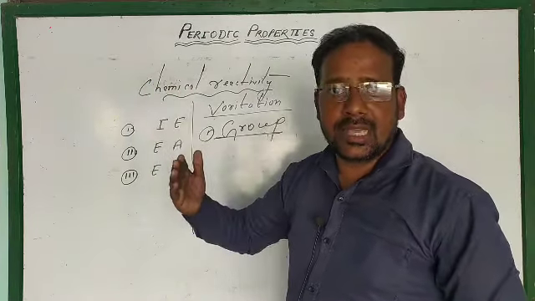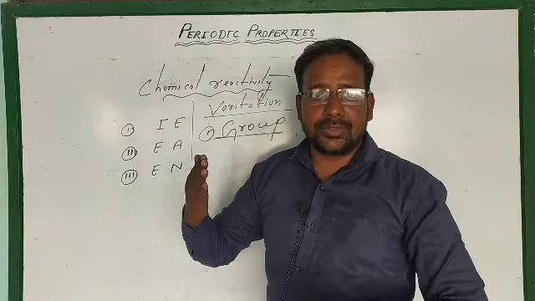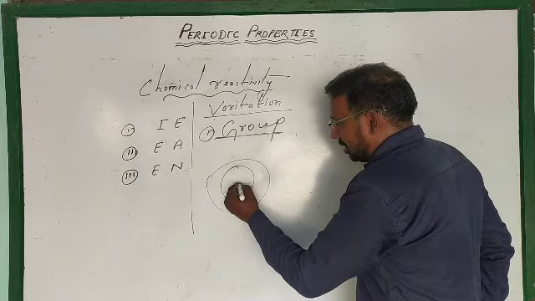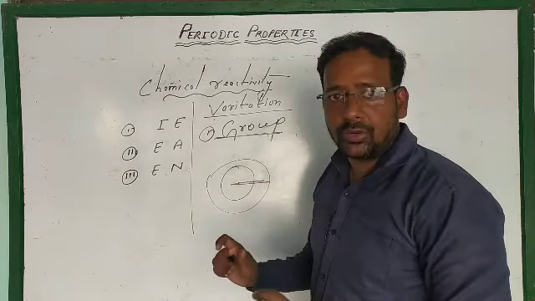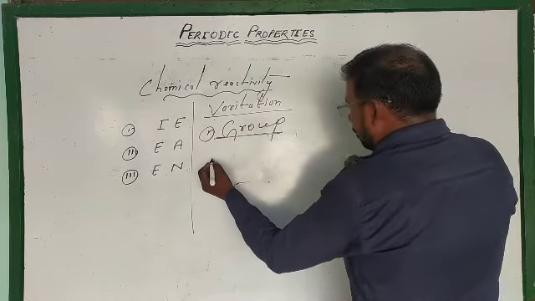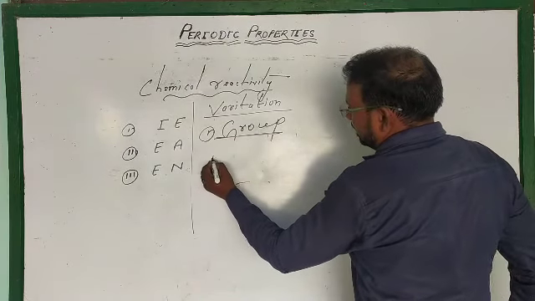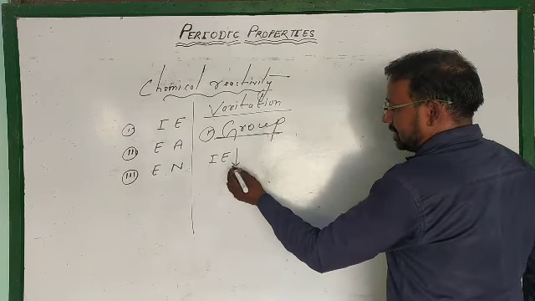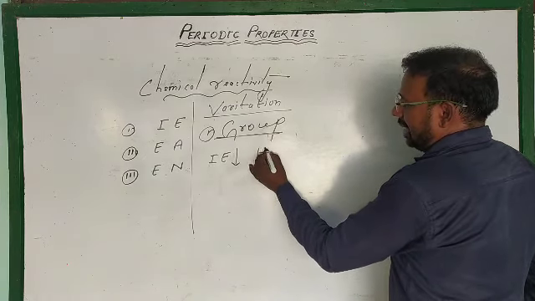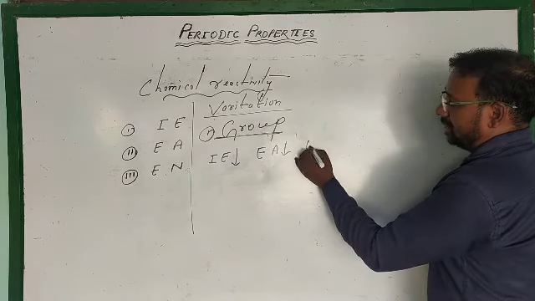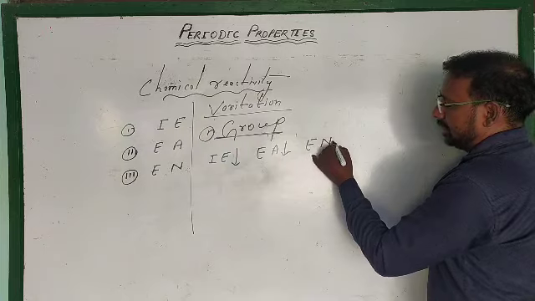Size increases, and because size increases, the attraction between nucleus and valence shell electron decreases. This thing we know. Also size increases, therefore the value of ionization energy decreases, the value of electron affinity also decreases, and the value of electronegativity also decreases.